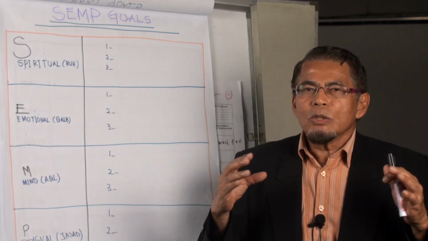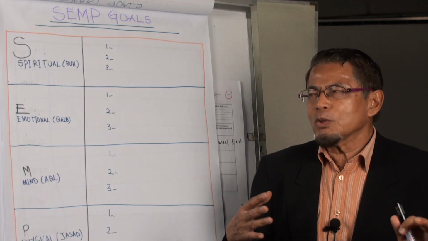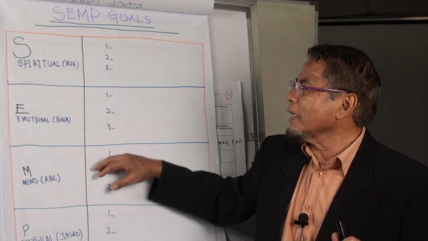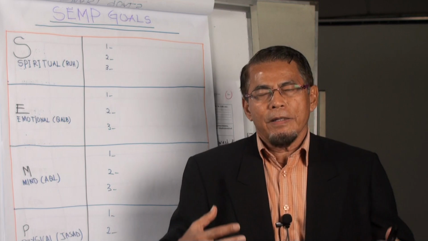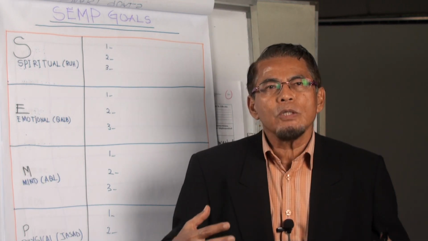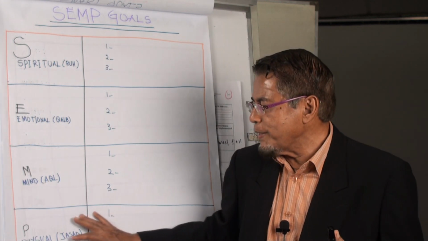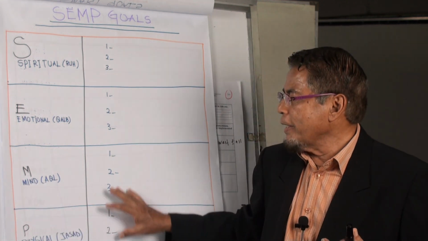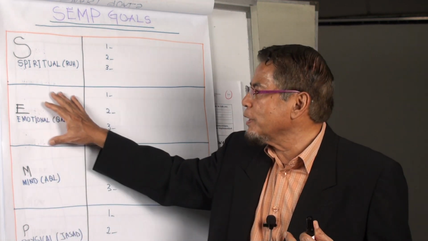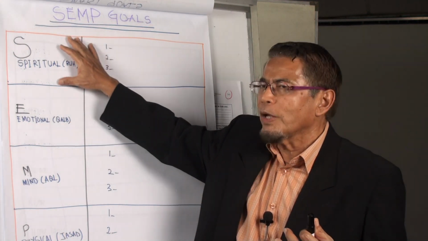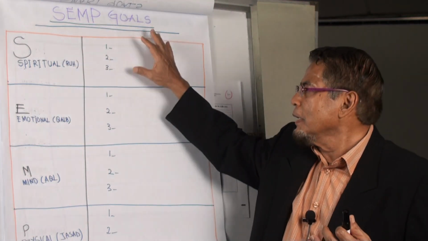So it is always easier for us to go from the hierarchy of goal setting. We can always go at the lower level, starting with the physical goal setting, and then the aspect of the mind or the akal, and then the aspect of the emotion and the qalb, and then the aspect of the ruh, ruhaniyah.